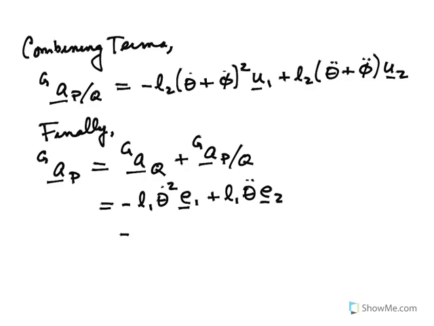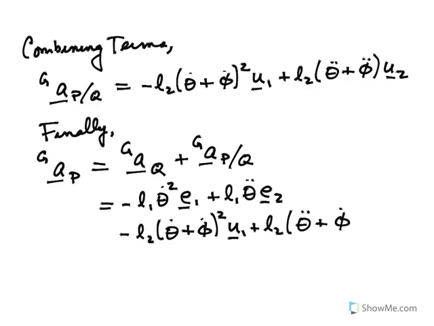And then I've got minus L2 times theta dot plus phi dot squared U1 plus L2 times theta double dot plus phi double dot U2.